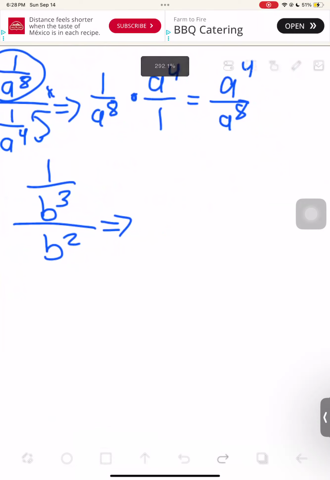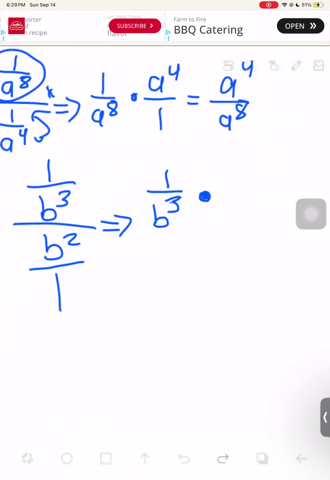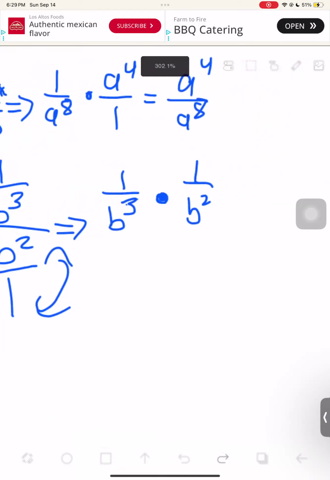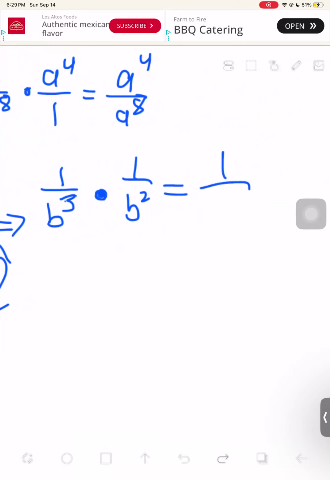That becomes 1 over b to the power of 3 times, and then b to the power of 2 is like that as a fraction. When we flip it, it becomes 1 over b squared. What is 1 times 1? That's 1. And then what is b to the power of 3 times b to the power of 2? That is just b to the power of 5.